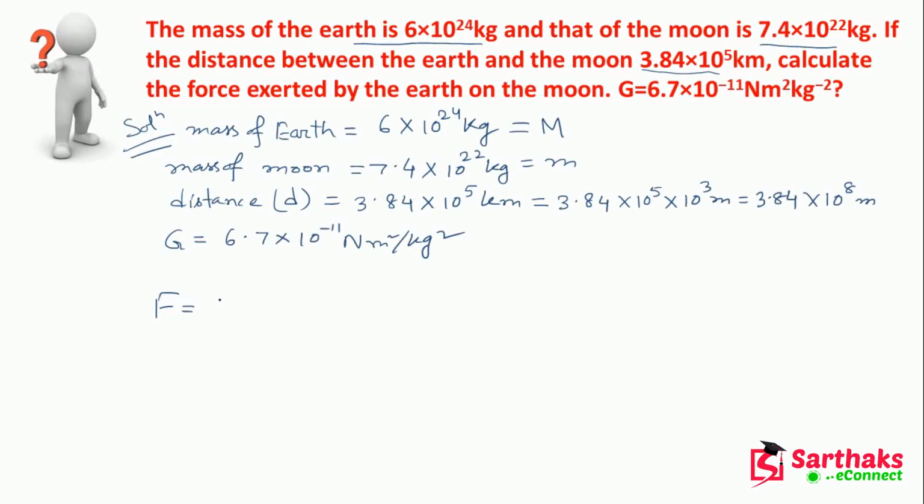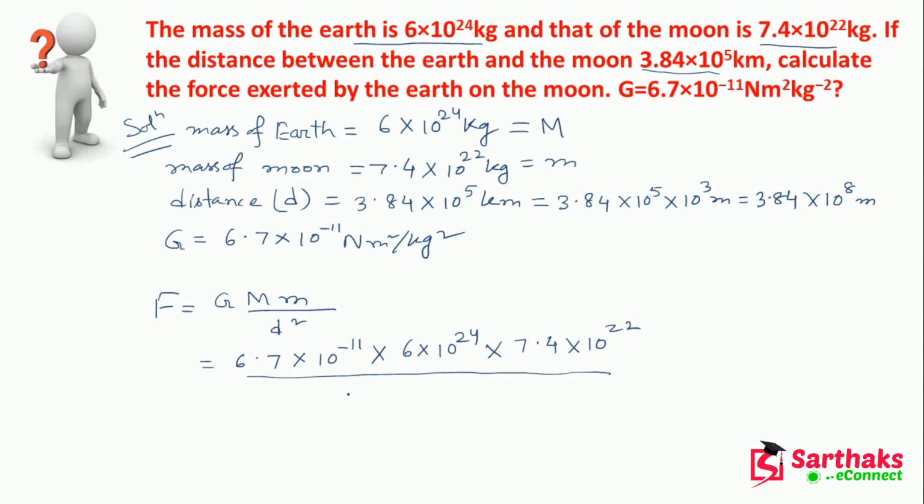So the force equals G M m divided by d square. If we substitute all the values, 6.7 into 10 to the power minus 11, times 6 into 10 to the power 24, and the mass of the moon 7.4 into 10 to the power 22, this whole divided by d, 3.84 into 10 to the power 8, whole square.